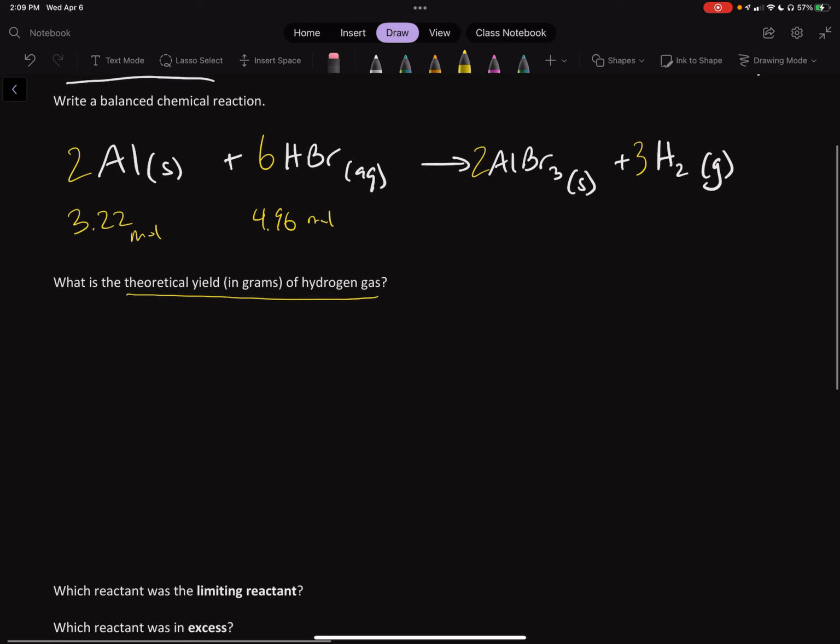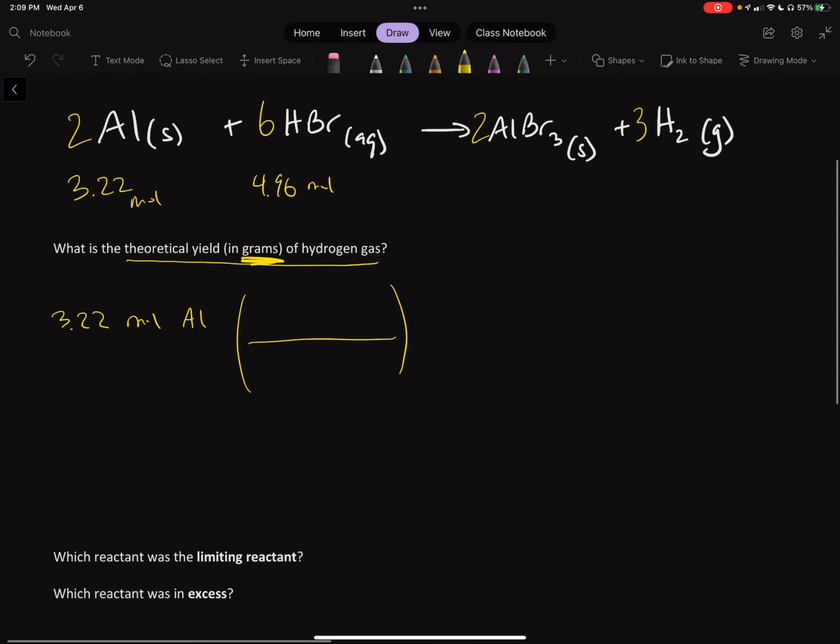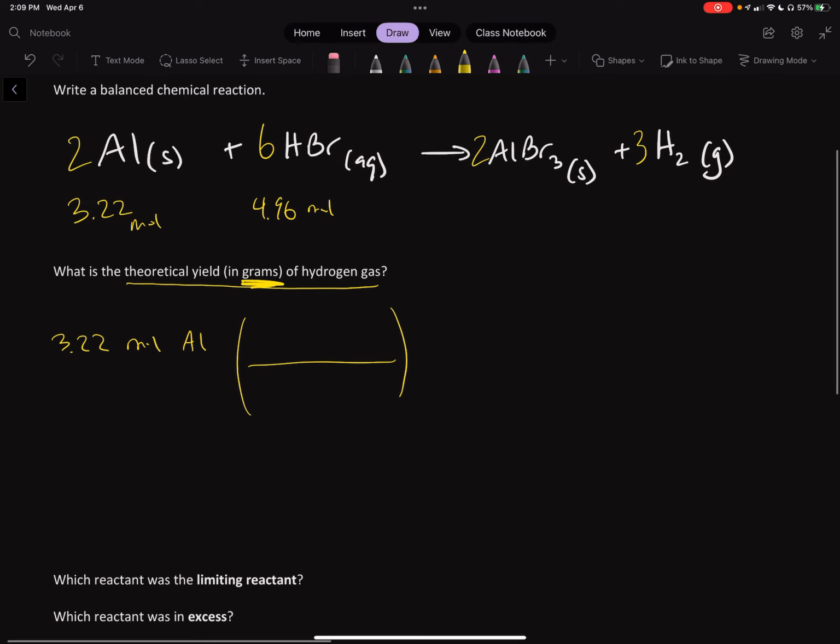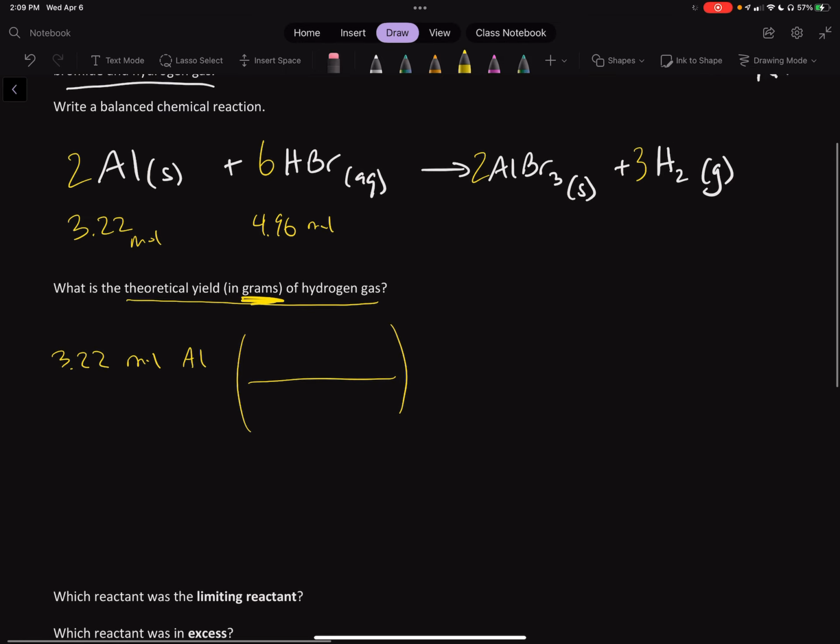So first we'll do that process with aluminum. So I have the 3.22 moles of aluminum, and we'll convert both of these to moles of hydrogen gas and then just take the smaller answer and convert it into grams to answer the question. Now, anytime you want to convert from moles of substance A to moles of substance B, you need to use the mole to mole ratio.